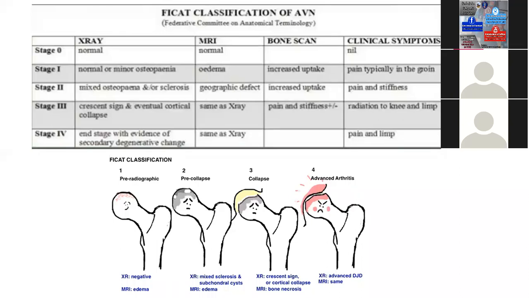We still have edema, then the crescent sign, then cortical collapse starting, then bone necrosis, and then the advanced stage. The man who gave us the FICAT classification, you can see the man here is like laughing, then worried, and then angry. If you neglect it, you have to start management. That's why he is looking anxious like that.